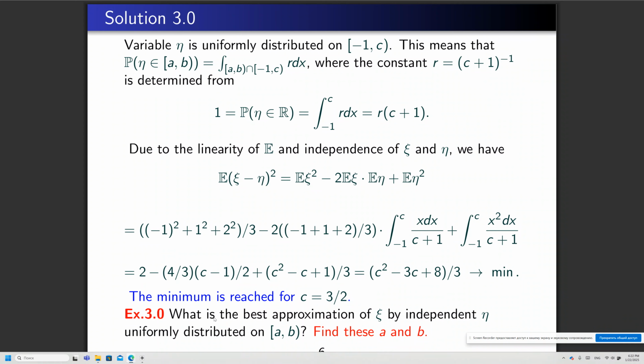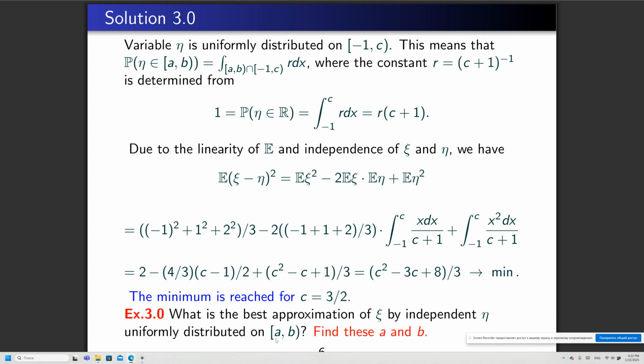The question to you: what is the best approximation of xi by an independent eta uniformly distributed on the interval ab? The difference with this example is the following. Here we fixed the left boundary of the interval, a is equal to minus 1, and we would like to find only c.